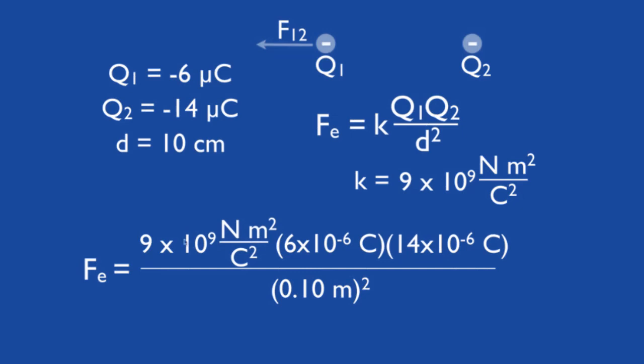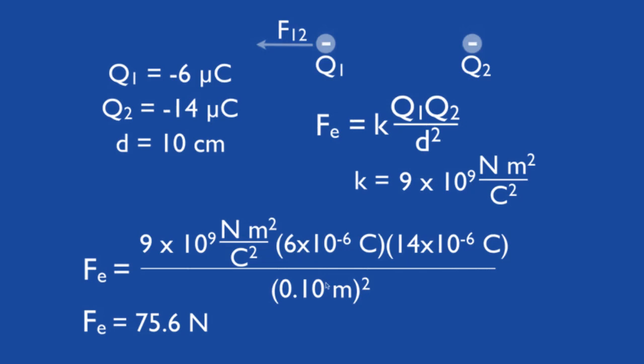So all you do is multiply this number times this number times this number, and then divide by the square of the distance. Even though the meter squared cancels, the square is for the unit and the value, so you still have to square the 0.1, and you should come out with 75.6 newtons.